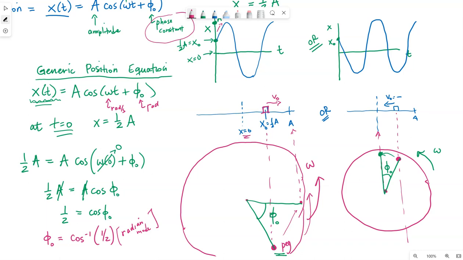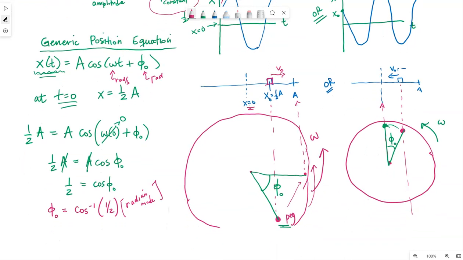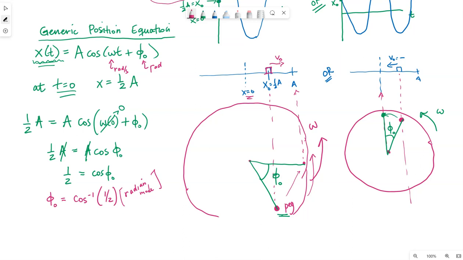So I'm changing my calculator to radian mode. Now I'm going to take the inverse cosine of 1/2, and my calculator gave me a decimal number, or I shifted it over to in terms of radians just to make more sense out of it. This equation is telling me that phi naught is equal to pi thirds.